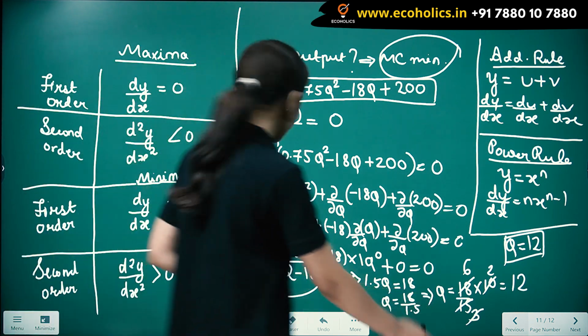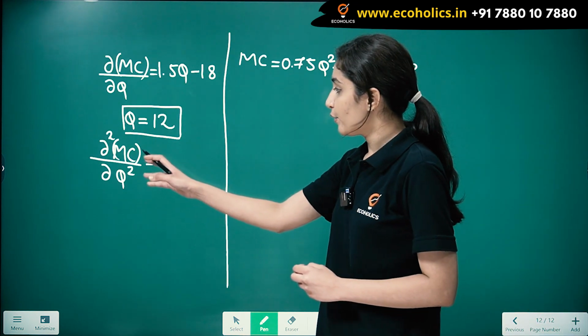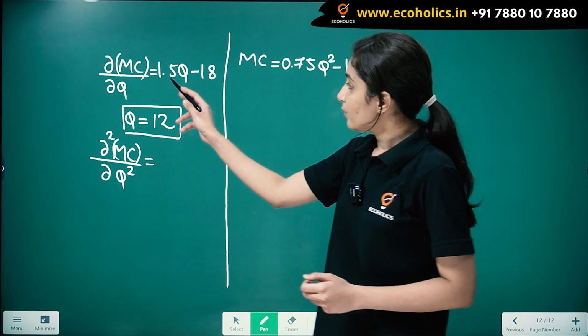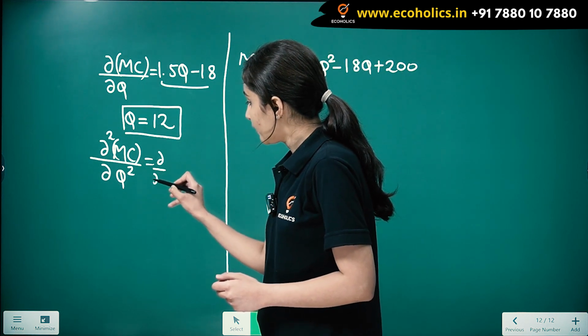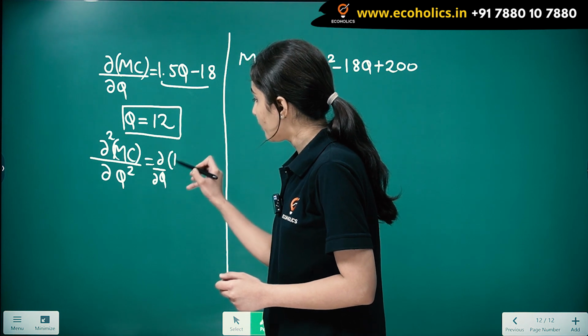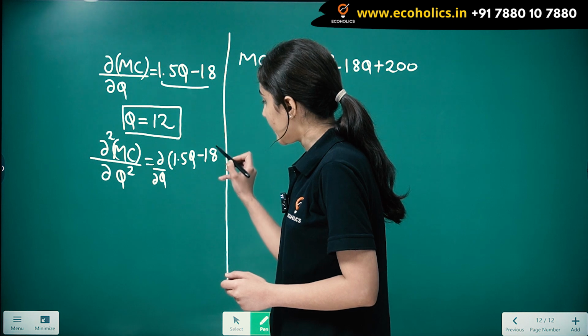Now we are going to find the second order derivative of marginal cost. So differentiating this term, that is, differentiation of 1.5Q minus 18.